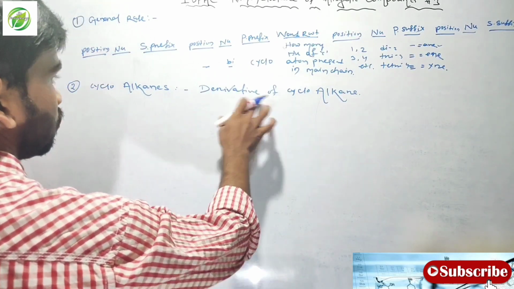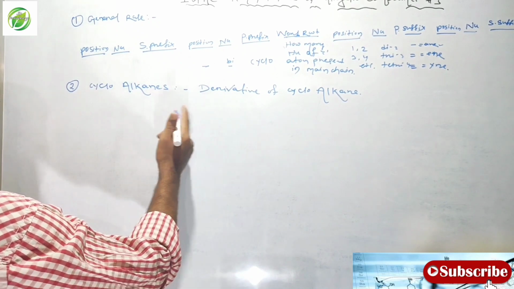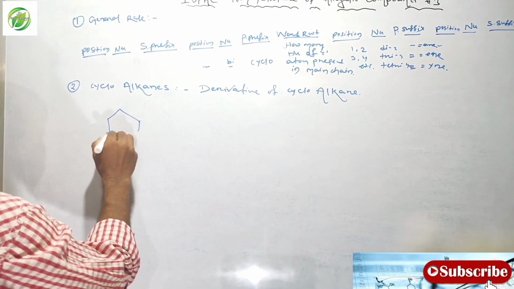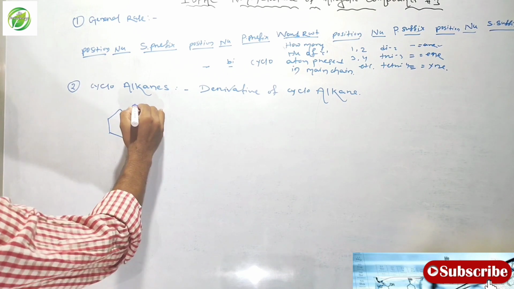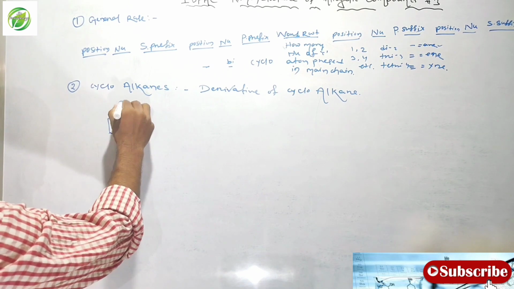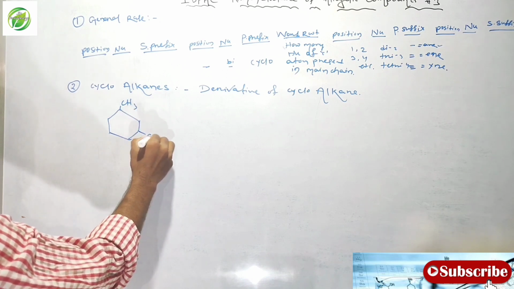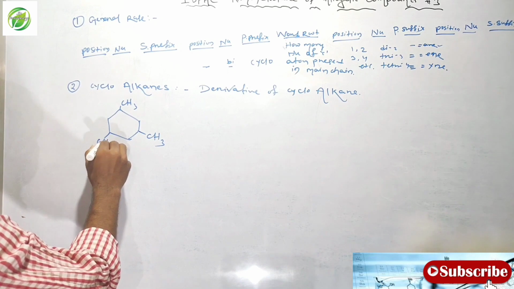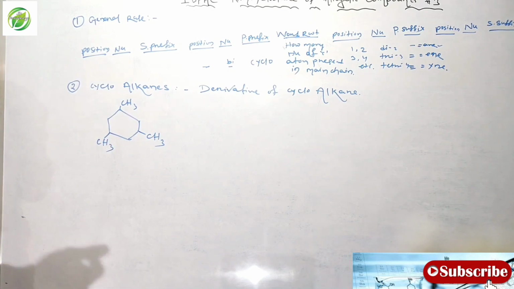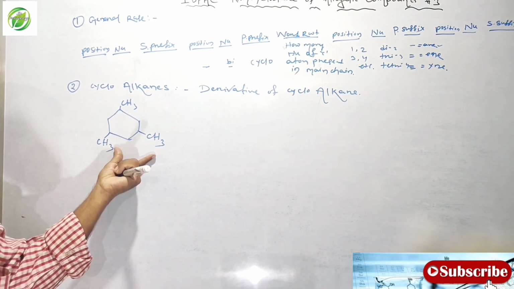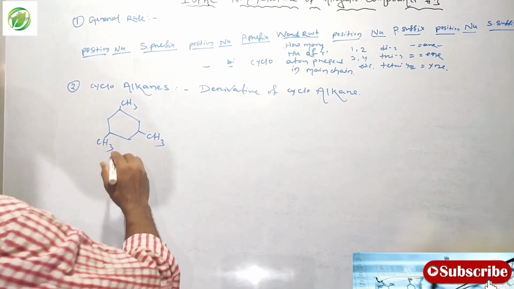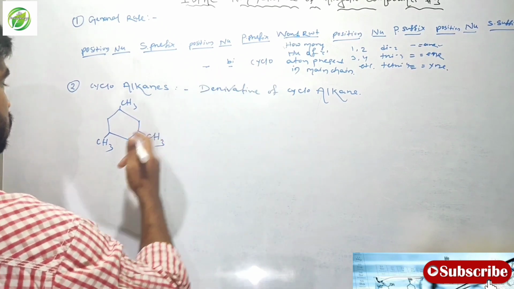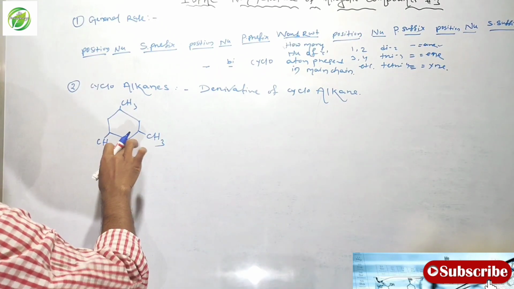Let's try to understand how to write the derivatives of cycloalkanes. Friends, we already discussed how to write the alphabetical nomenclature of these compounds. We use these general rules and put all this in these rules. We get the resultant answers.